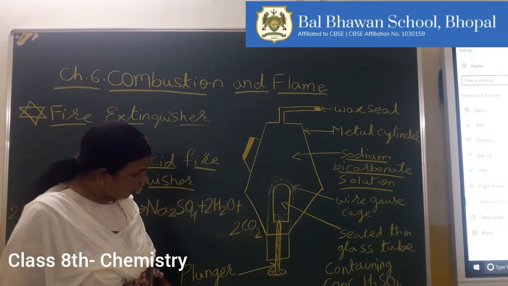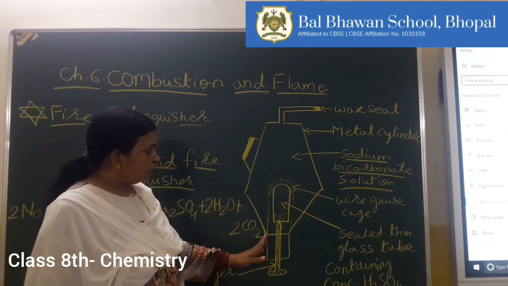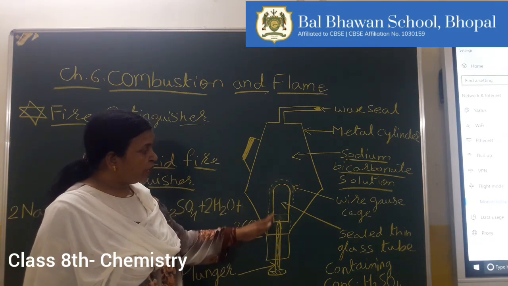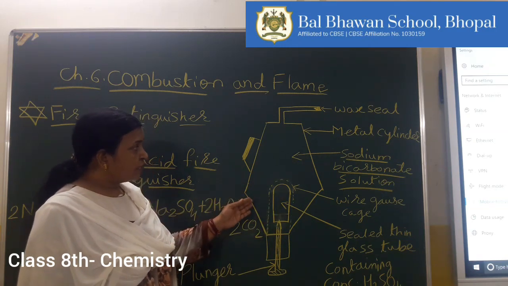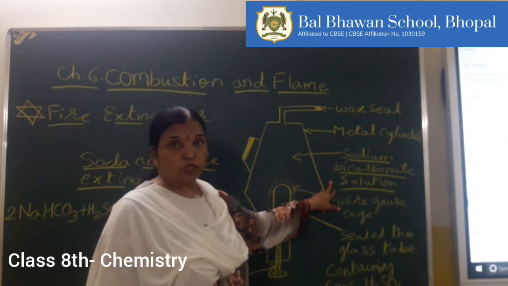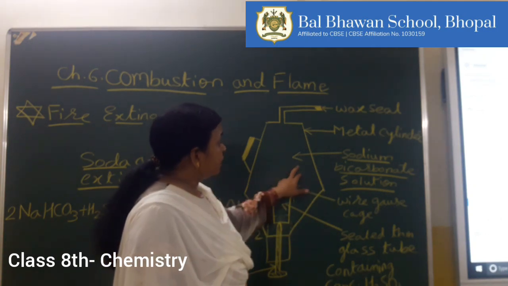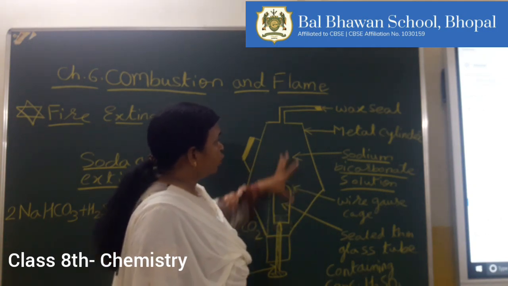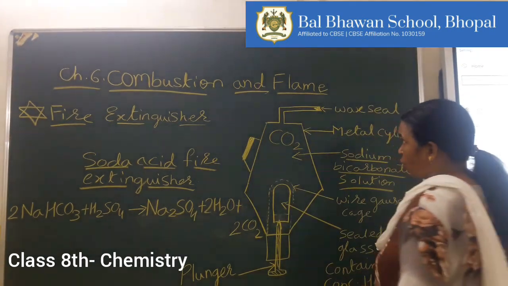The moment this plunger is hit against the floor, this sharp edge will penetrate and break the seal of this thin glass tube, and the acid will come out and react with the sodium bicarbonate solution, and it will produce carbon dioxide gas as one of the major products.